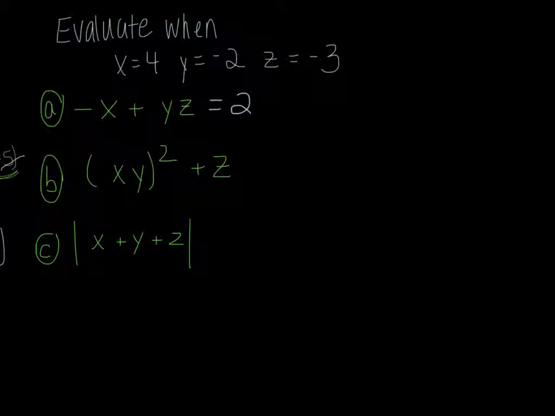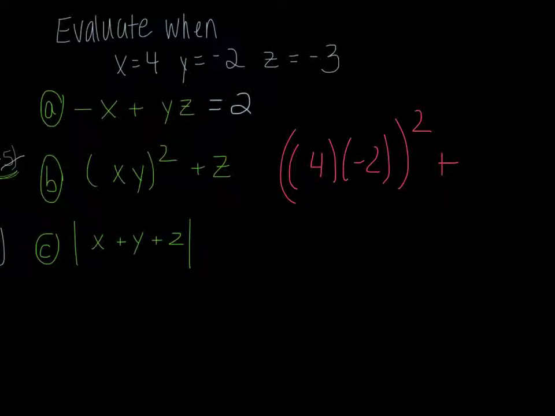For B, we have to do x times y, so 4 times negative 2, and I'm going to square that answer, plus z, which is negative 3. Alright, so I'm doing 4 times negative 2 first, because that's in parentheses. 4 times negative 2 is negative 8.